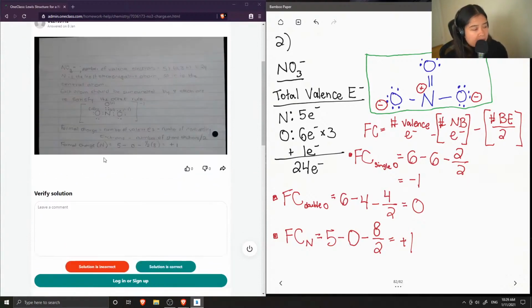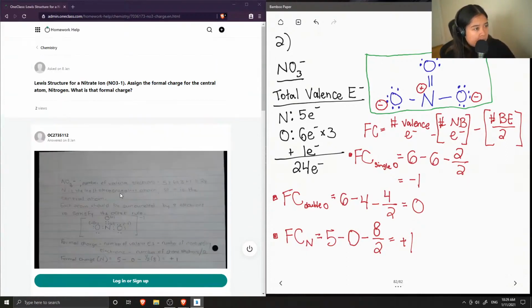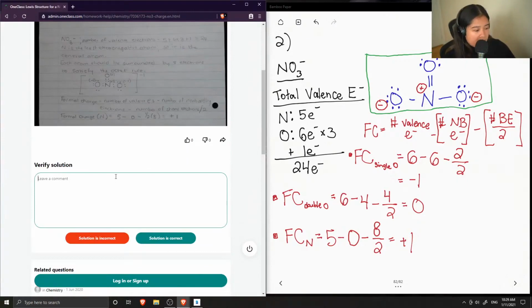Formal charge is equal to the number of valence electrons minus the number of non-bonding electrons minus the number of shared electrons divided by 2. So the formal charge on nitrogen has a +1 charge. And they showed all of the other charges on the atoms, which is good. So this solution is correct.